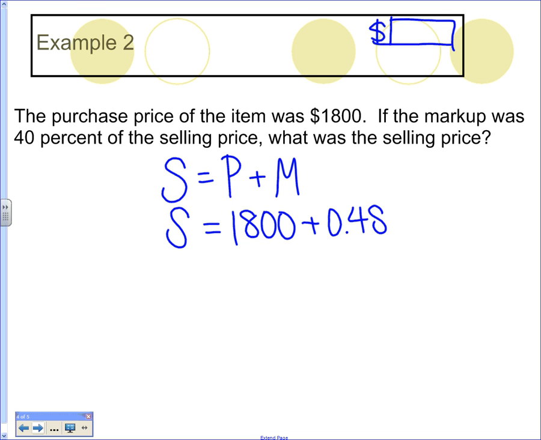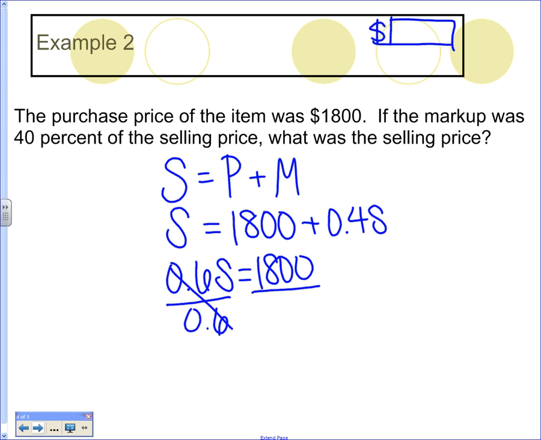Do you agree with that part? Now what? 1 minus 0.4. And then what? So S equals 3,000.